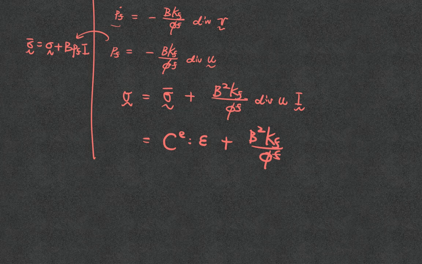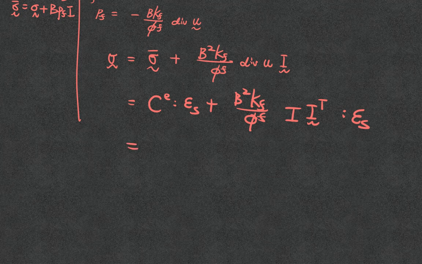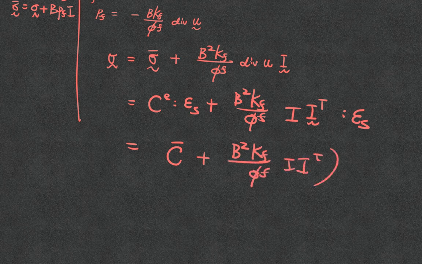So I can simply add the identity, I double dot epsilon, and what I would eventually have is C plus B squared K_f divided by porosity I double dot epsilon. Okay, have you seen an expression like that before?